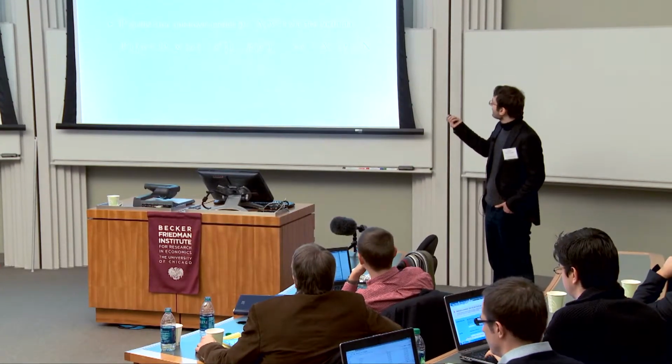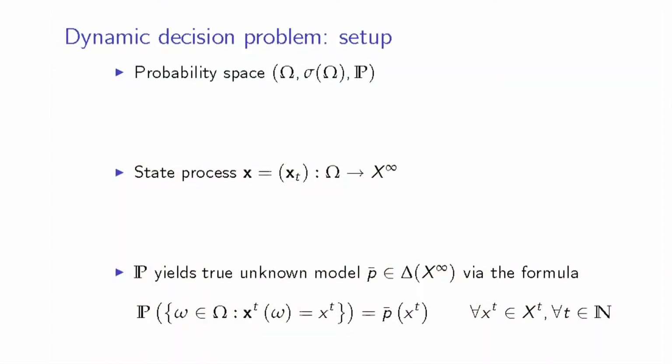We assume also that there is a probability space where all uncertainty is summarized. For the sake of today's presentation, you can also assume that omega is X infinity, and sigma omega is nothing else than the sigma algebra generated by the elementary cylinders.